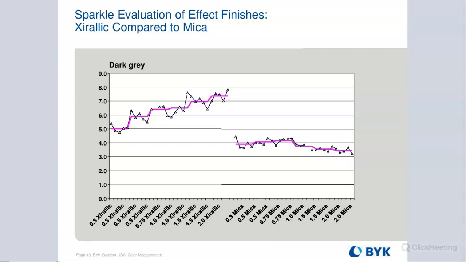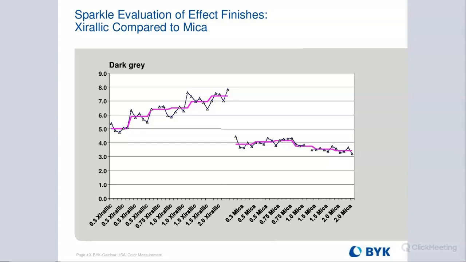So when we developed sparkle, one of the biggest OEMs that wanted us to have sparkle was BMW, because of what was happening. They would match a color with a cerulean pigment, which is very, very sparkly and also expensive.